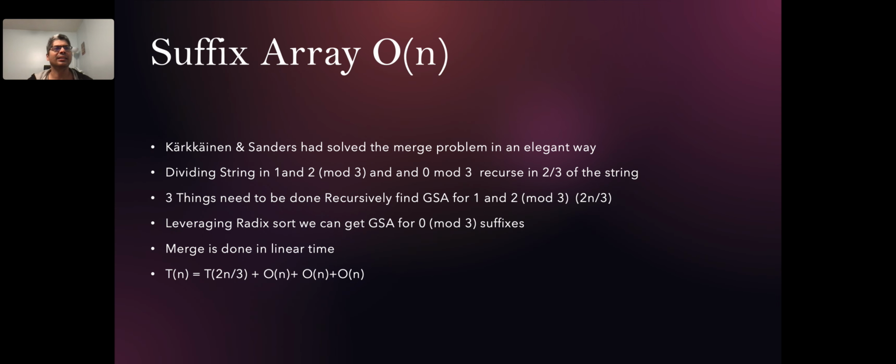And then Kärkkäinen and Sanders solved this problem in an elegant way. They changed the recursion. Instead of using half and half recursion, they divide the suffixes by their positions, depending on the positions mod 3.